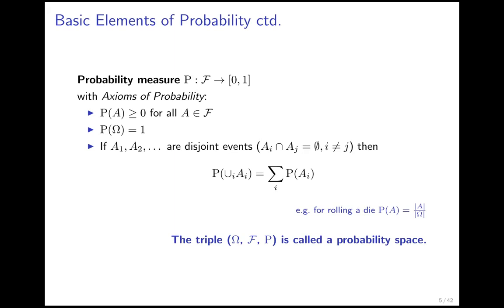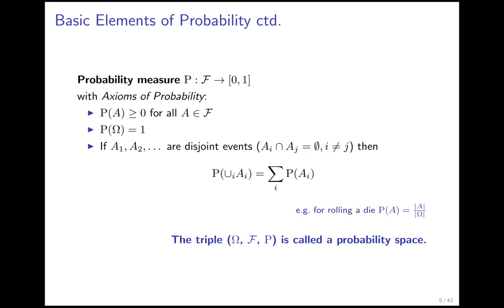The third axiom that we have is actually already about calculations. So if we have several events, A1, A2 and so on, and if they are disjoint, that is to say these events, they don't share any outcome, then we can calculate the probability in the following way. So we take the union of these events, and the probability of this can be calculated by summing up the individual probabilities of the individual events. Let's look at an example.